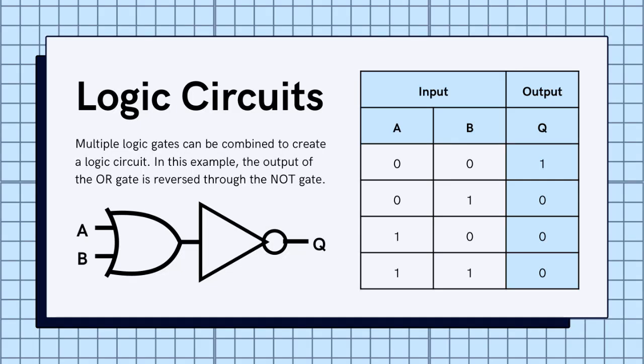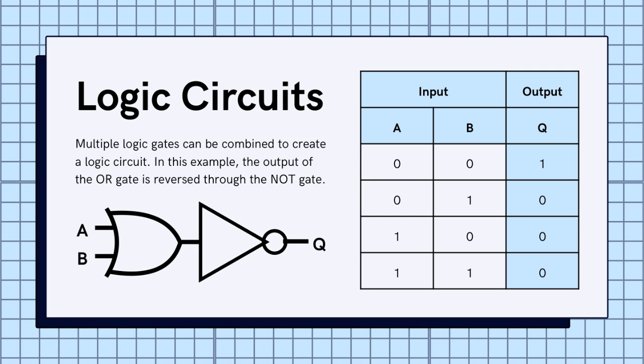Now, let's take a closer look at how multiple logic gates can be combined to form a complete logic circuit. In this example, we see that the output from an OR gate is then fed into a NOT gate, which essentially reverses or inverts the signal. This combination allows us to create more complex logic functions by connecting simple gates together.